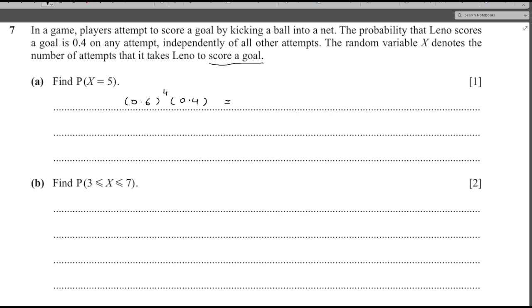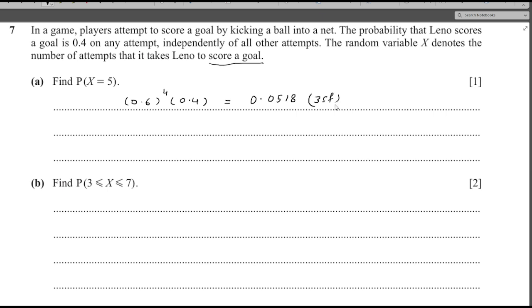So here the result is 0.6 power 4 times 0.4. The result is 0.0518, up to 3 significant figures.